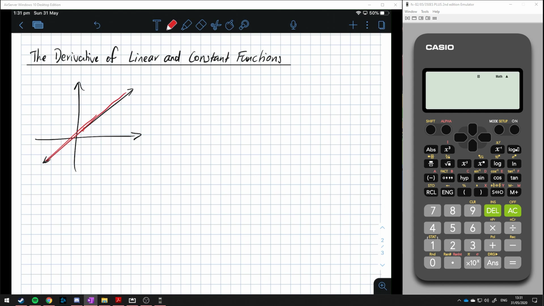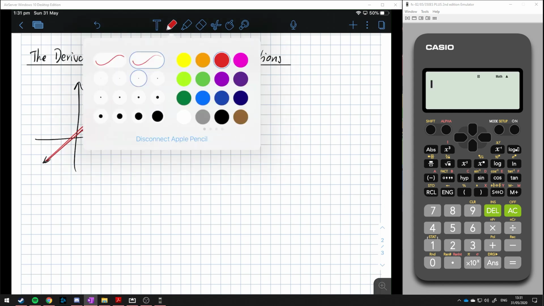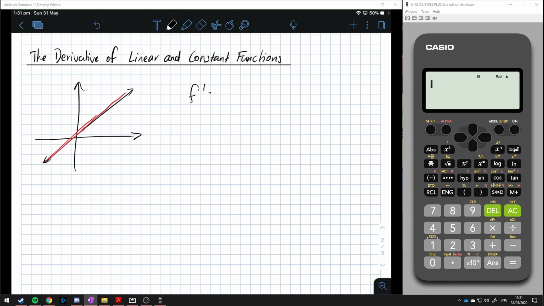Okay, and we decided in our last video that the derivative f dash of x is equal to the gradient of the tangent. So in this case, we've got some linear function, and the tangent of that function is the function itself. So the derivative, which is the gradient of the tangent, is just the gradient of the function.